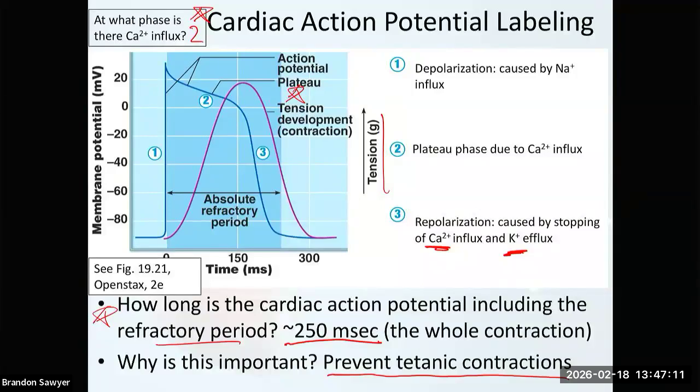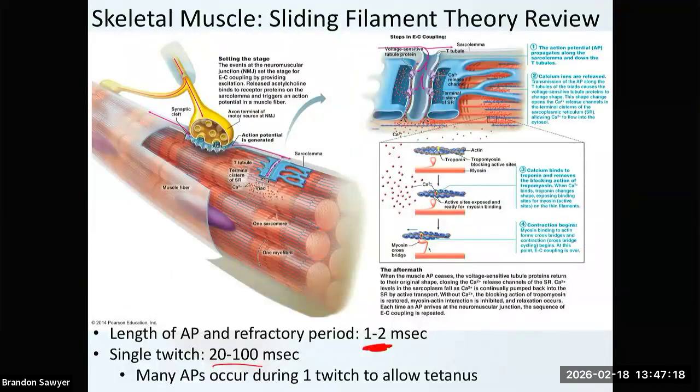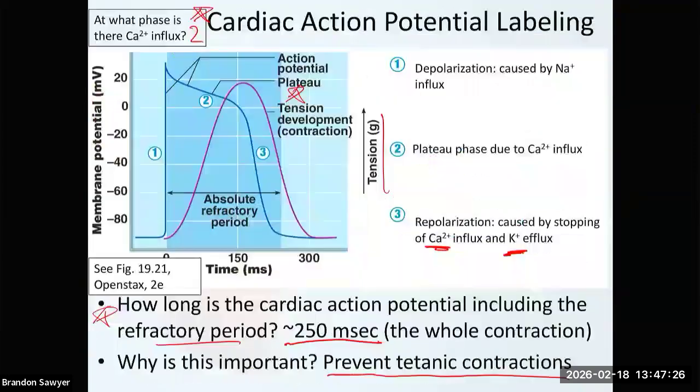What does calcium bind to when it gets inside of a muscle cell? We go back to this. What's happening in here? Troponin, right? So calcium not only keeps us depolarized, but when it goes in it binds to troponin.